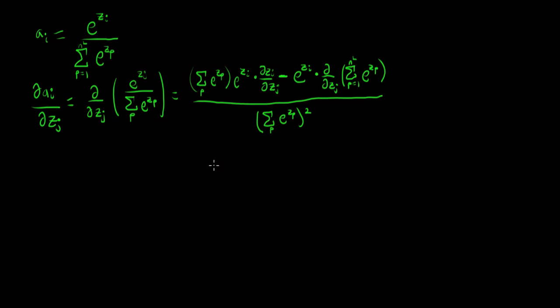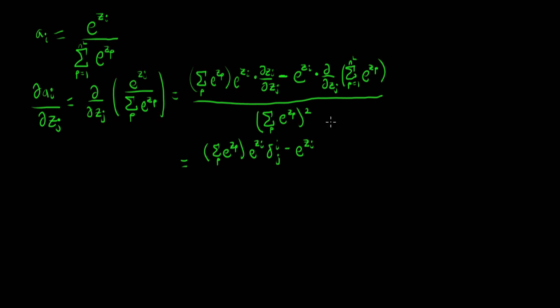Okay, so let us simplify this. Again, we have a derivative of zi with respect to zj. We can simplify this using the Kronecker delta. So let's rewrite this: sum over p of e to the zp, times e to the zi times delta ij, and then minus e to the zi.